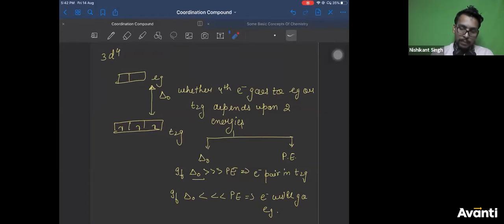Why? Because delta O being less means the energy gap between T2G and EG is very small, so the electron can easily jump from T2G to EG. This is what we had summarized. Is that clear, everyone?